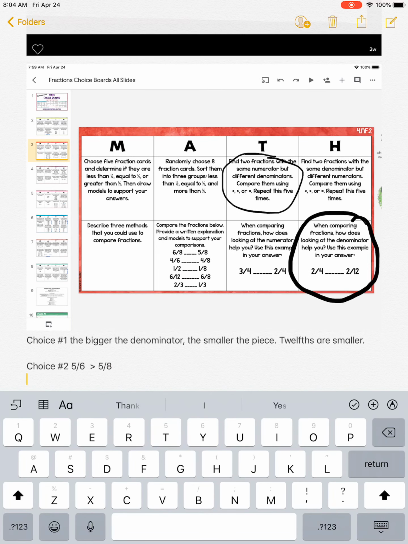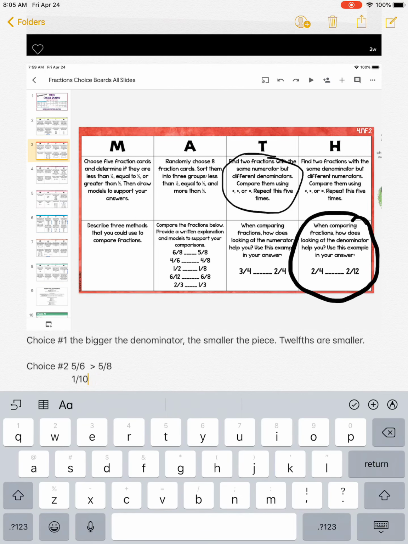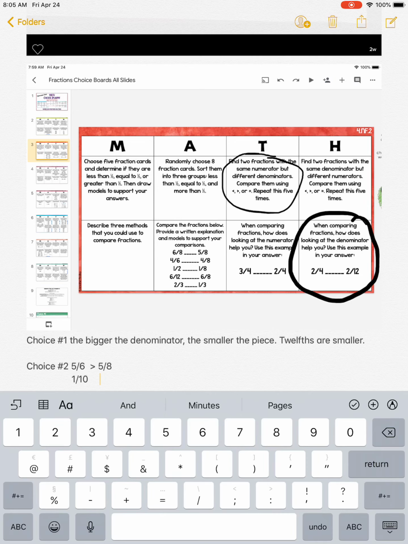And it says to repeat this 5 times. So I'll pick 5 different pairs of fractions. So I could say 1/10 and 1/5. So, is 1/10 greater than, less than, or equal to 1/5?